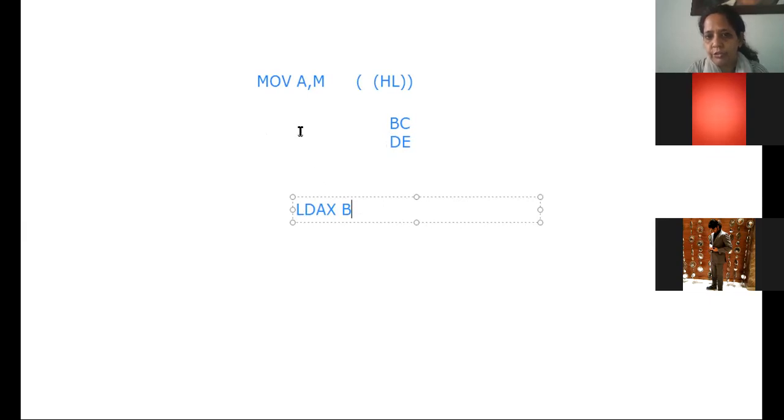These two instructions are the same, but here M is the contents of the address in the HL register pair, and you don't have any notation for the contents of the address in BC or DE. So you will have to use this instruction. These two are similar instructions. Got it?